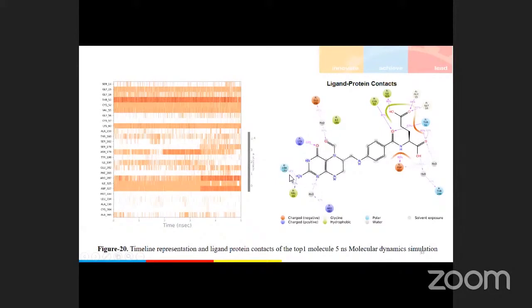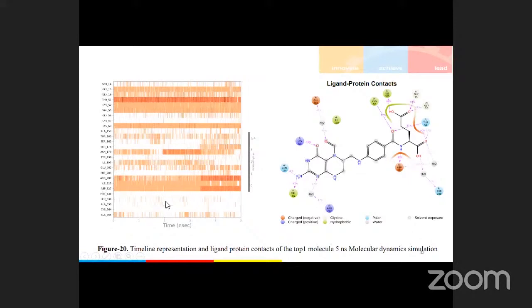These water bridges involve ASN 179, and threonine 51 is also involved in the water bridges, and threonine 160 is also involved. Apart from that, the remaining are hydrophobic as well as charged interactions. This is the timeline representation, where the x-axis is the timeline up to 5 nanoseconds, and the y-axis shows the various amino acids involved.